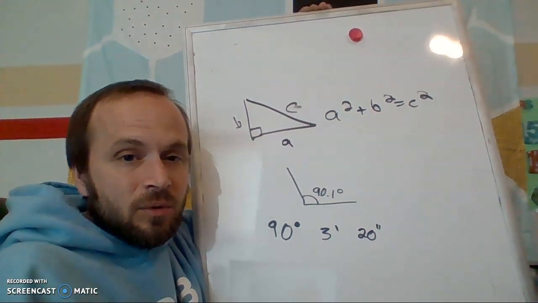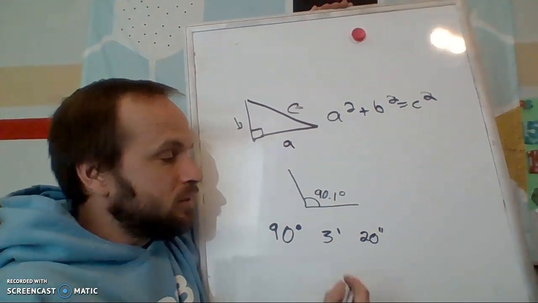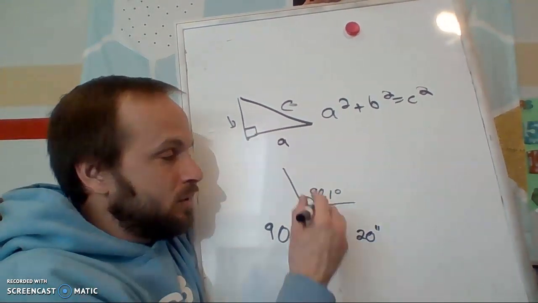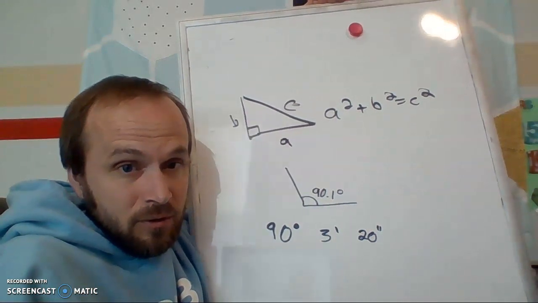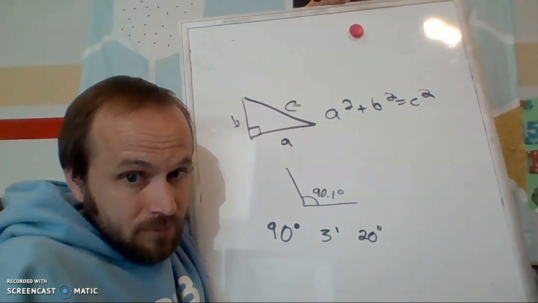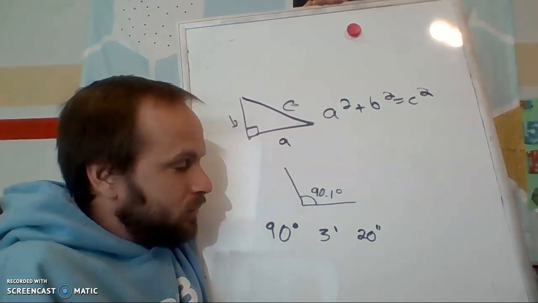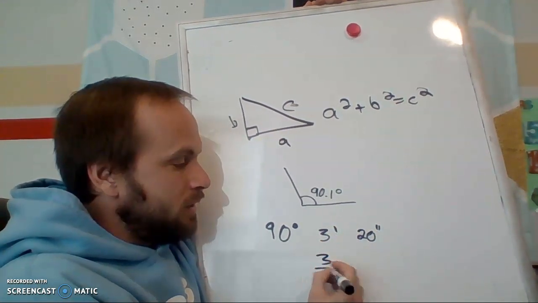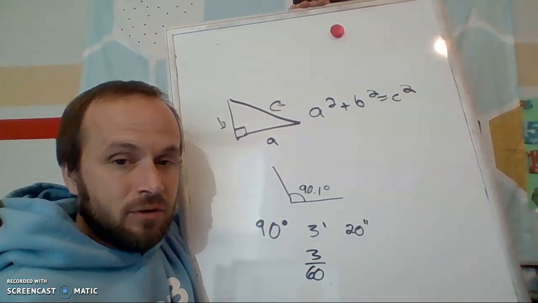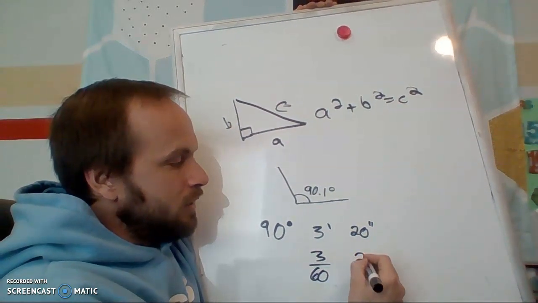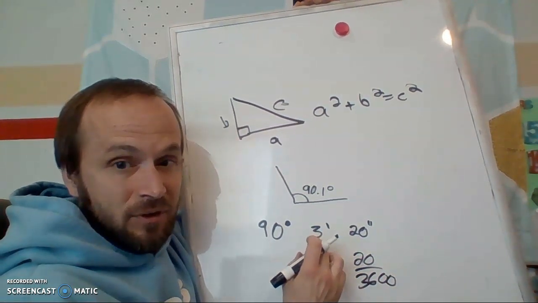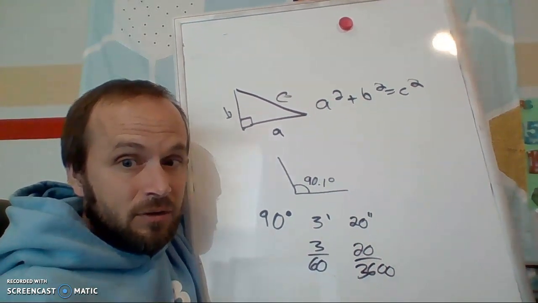Now the challenge is that you'll be required to convert from an angle written with degrees, minutes, and seconds to an angle written with degrees and decimal parts of a degree. The way to do that is to recognize that 3 minutes is the same thing as 3/60ths of a degree, and 20 seconds is the same thing as 20/3600ths, because it's 60 times 60, since we're breaking this up into even tinier spots.